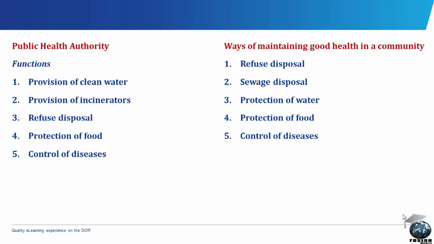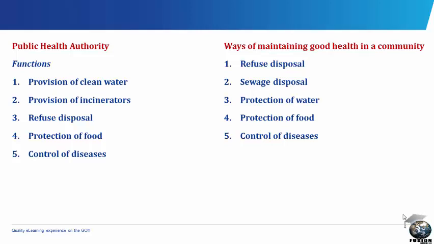Reckless refuse dump around dwelling places creates bad odor. Refuse disposal can be done through the provision of dustbins in strategic locations, burning refuse in incinerators, dumping them in isolated areas far from human habitation, and burying refuse in a sanitary landfill.